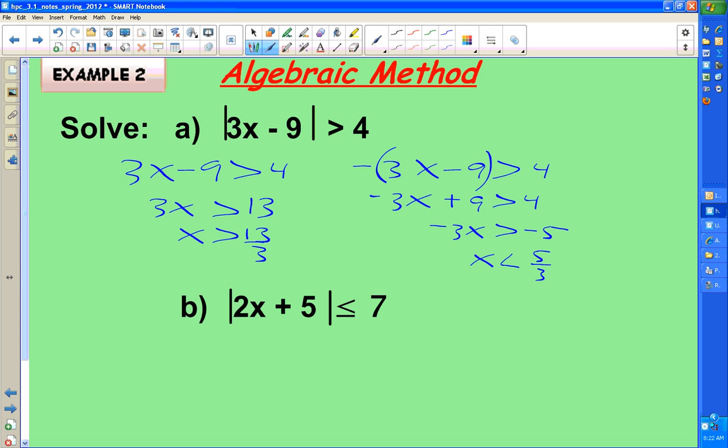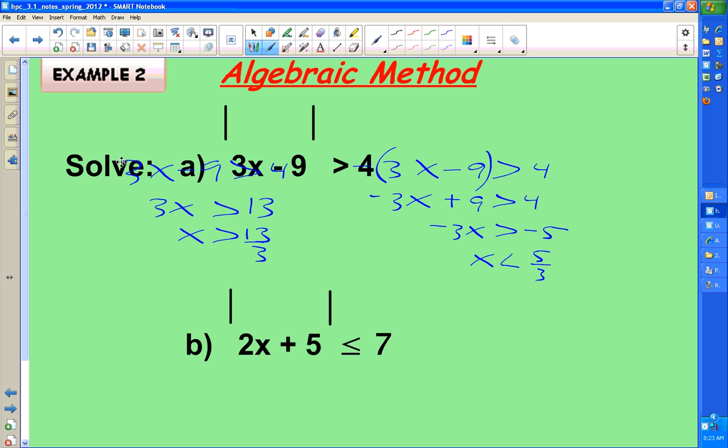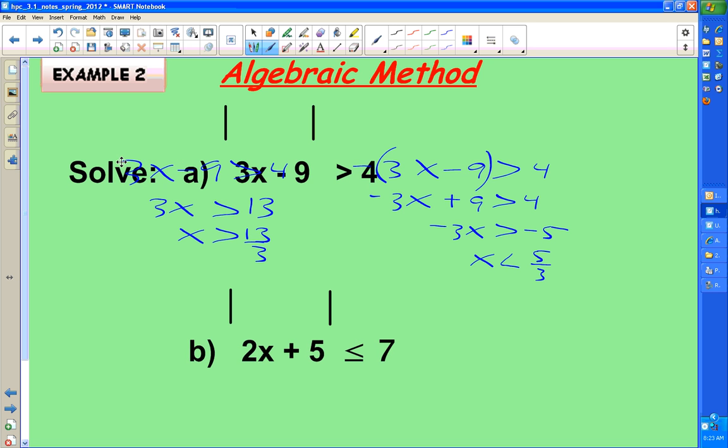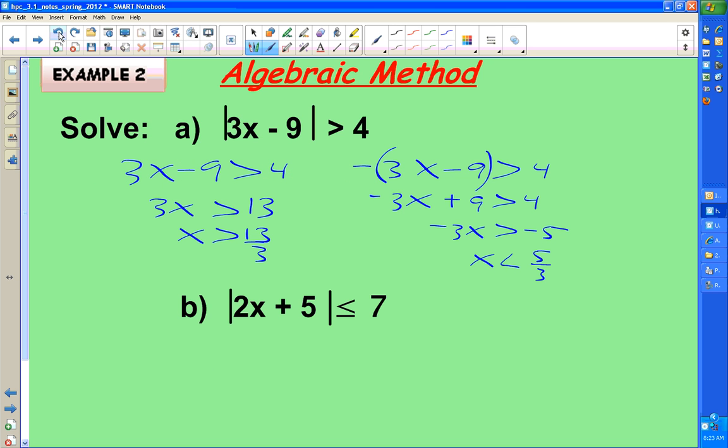Is this an and or an or situation? Is it an overlap or going away from each other? It's an or. They're going away from each other. So that means we have to have a union.